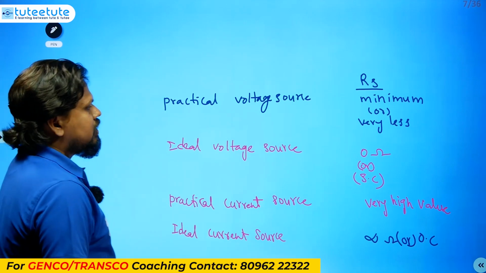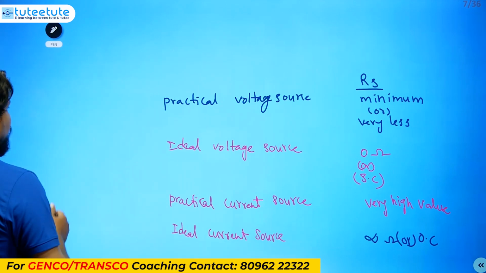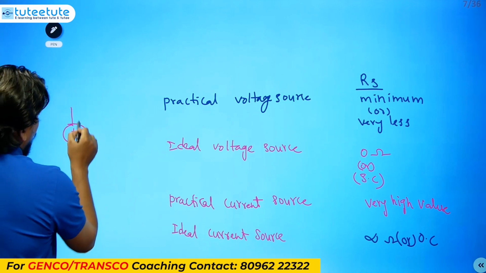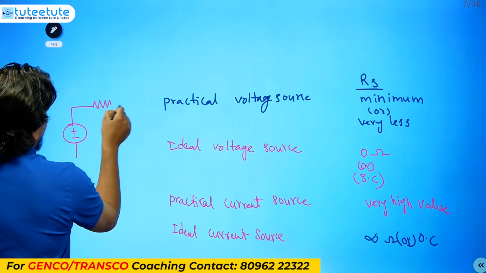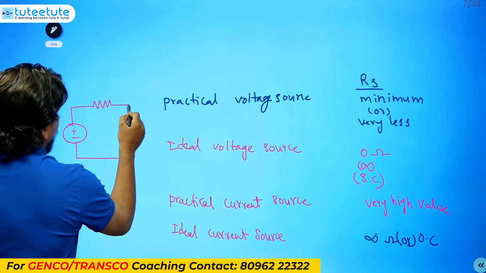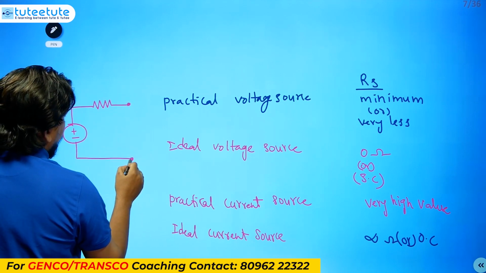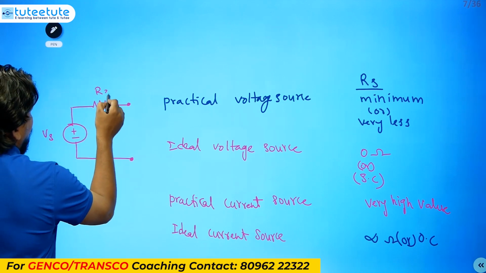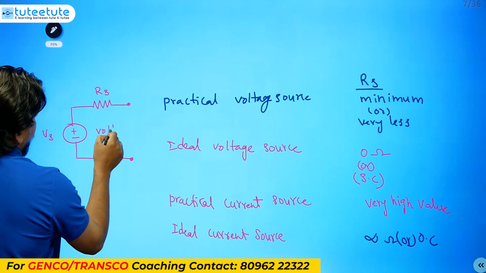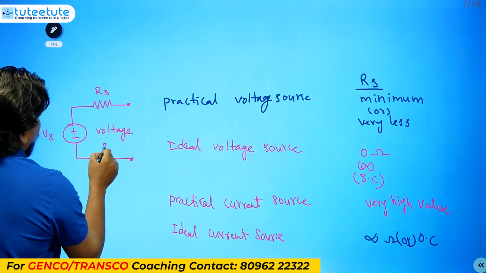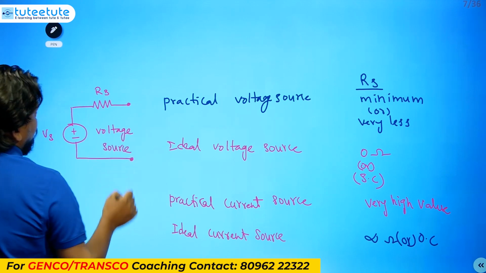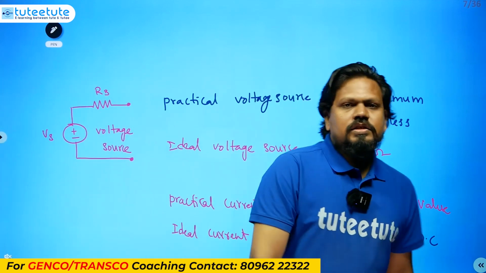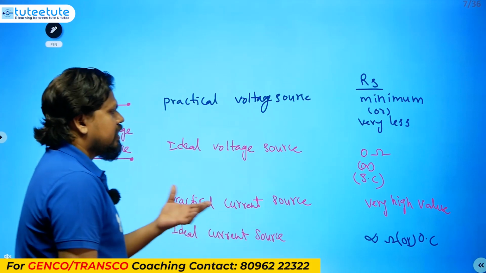This is the complete detail. Generally, any voltage source is represented as a voltage source in series with a resistance: this is Vs and this is Rs. This is the voltage source, and we have used DC only; we are not considering an AC circuit here.